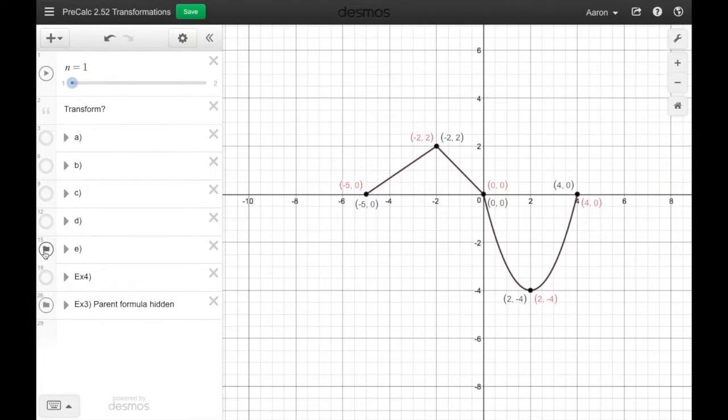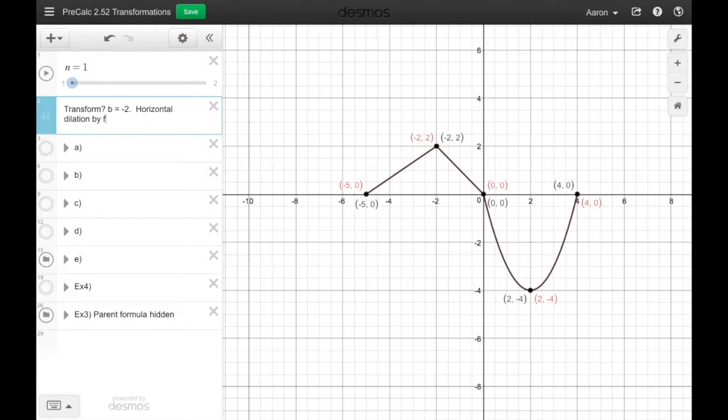E. We have b is going to be equal to the reciprocal of negative 1/2. The b value is negative 2. So what that means is it's going to be a horizontal dilation by a factor of -2. We just saw what the 2 would look like, but -2 means we're going to have a reflection over the y-axis.